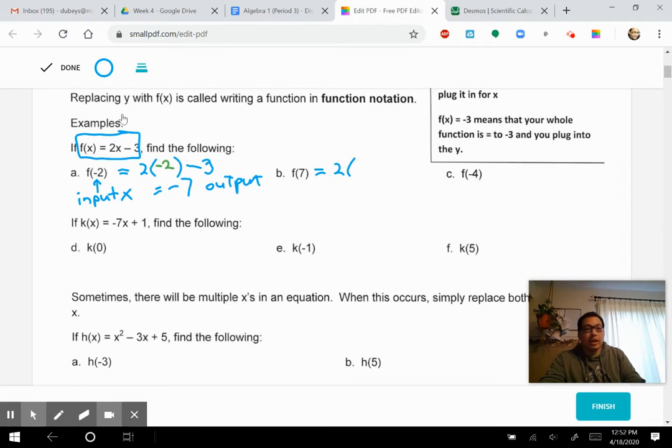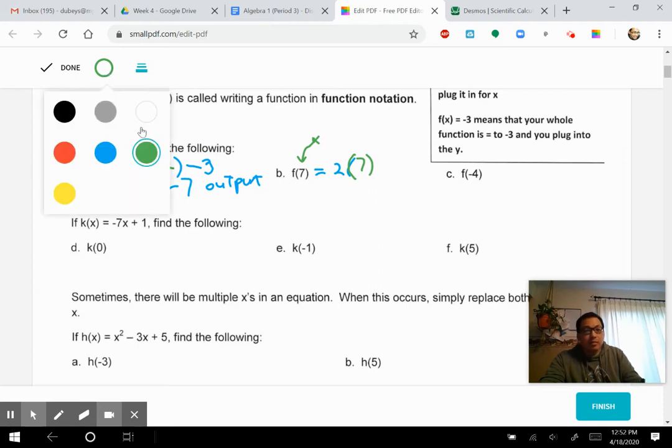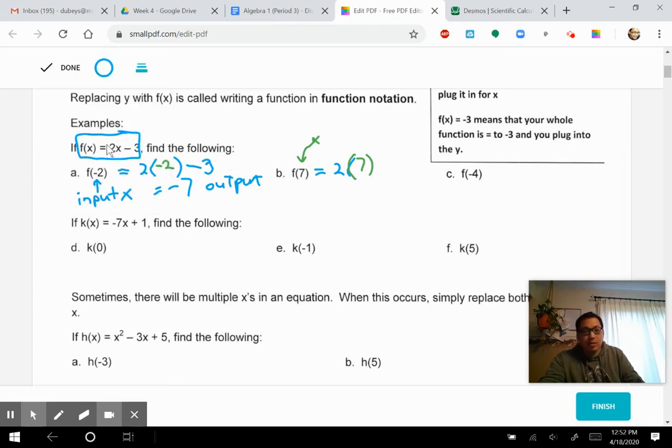and now what's our x? What's going to be in our parentheses here? I'll make this a different color. Our x here is 7. There's our input. That's our x. It's a little hard to use, but here's our x. 2x minus 3.